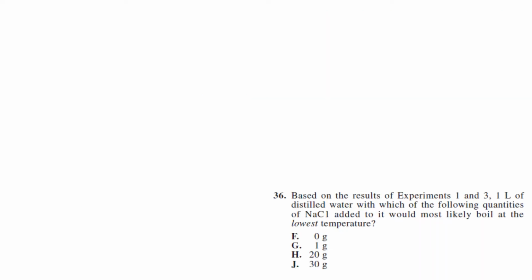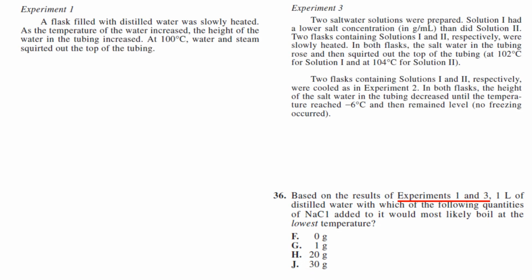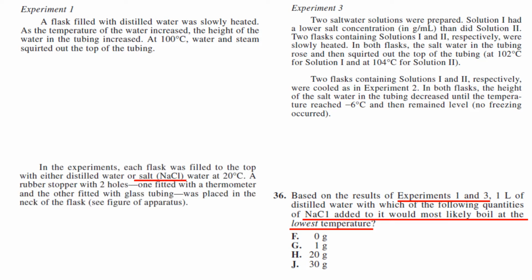Number 36, based on the results of experiments 1 and 3, 1 liter of distilled water and which of the following quantities of NaCl added to it would most likely boil at the lowest temperature? Well, it's kind of interesting because we see salt, but not NaCl, but you have to know that NaCl is salt. That's the scientific name for it. If you don't, it's actually in the reading, so you can see that.